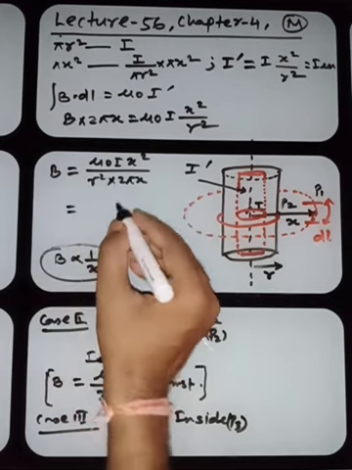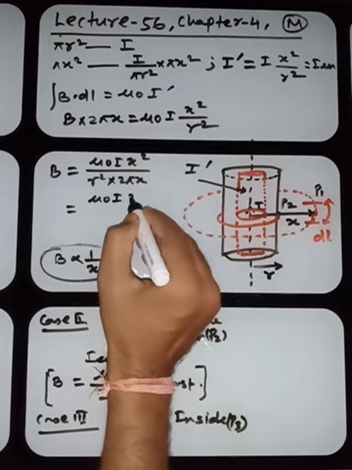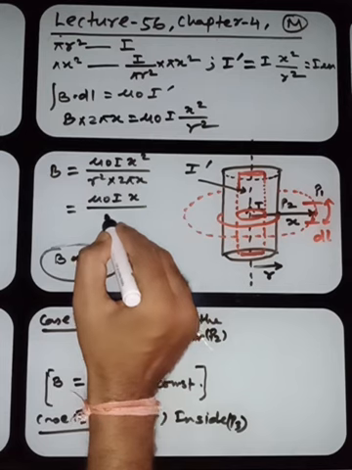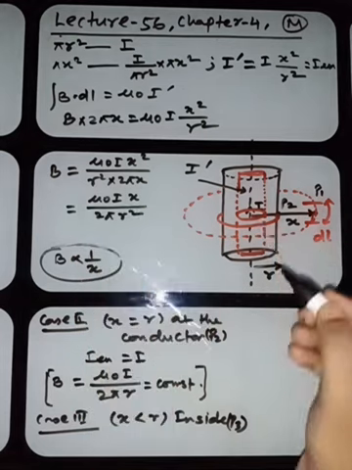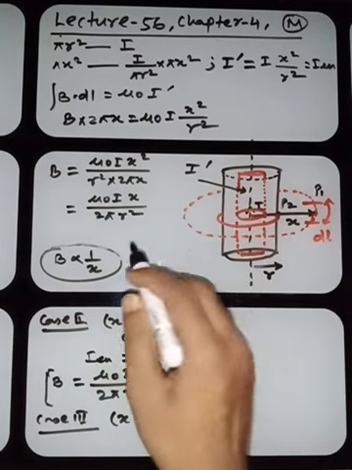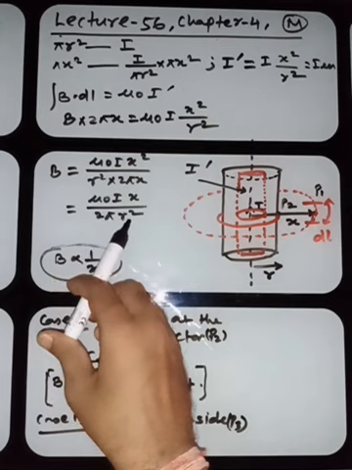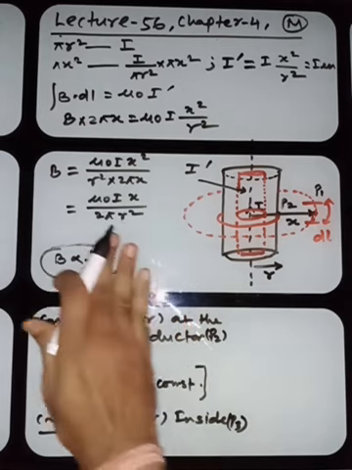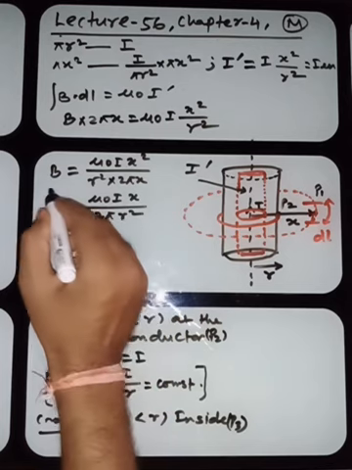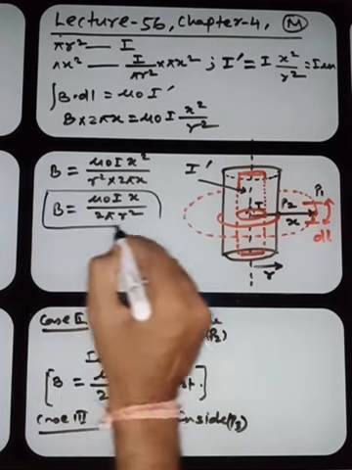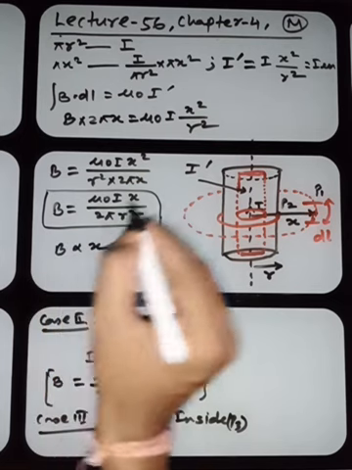The x will be cancelled out, so B is mu naught I x by 2 pi r square. Now you can see, my dear students, mu naught I by 2 pi r square is constant. This is the magnetic field for the point P3. Here the magnetic field is directly proportional to x.